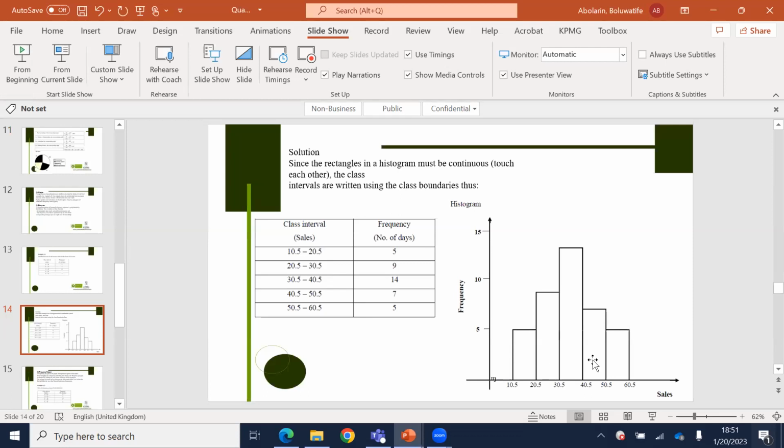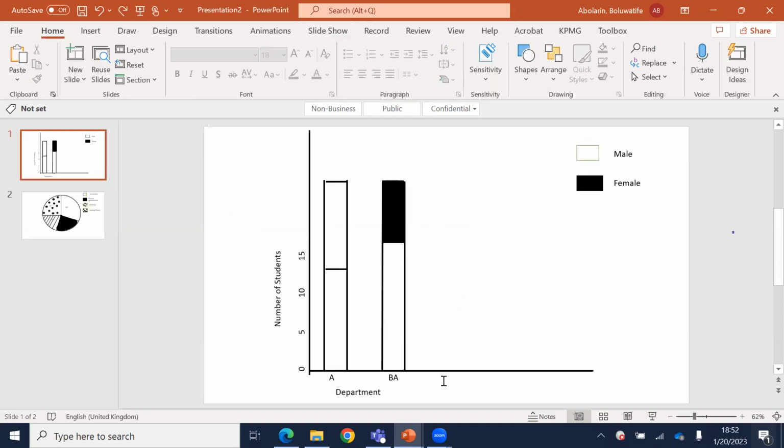And the horizontal axis is what? Sales, represented by the class boundary. The class boundary too is in sales. While the vertical here is the number of days, which is the frequency. So we are going to change this one to sales, and this one to frequency.